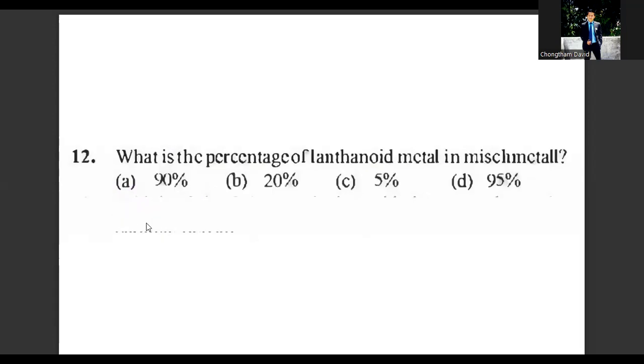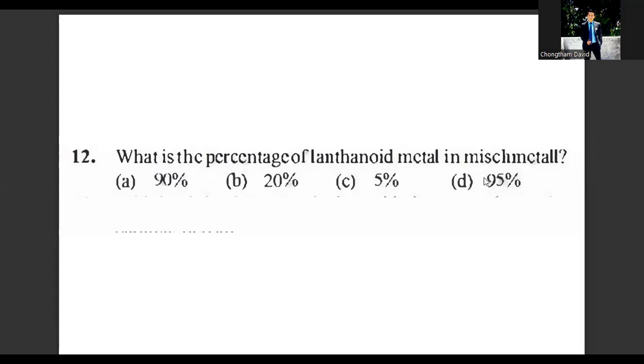Next, 12. What is the percentage of lanthanoid metal in mixed metal? The mixed metal consists of a lanthanoid metal. It comprises 95% of the lanthanoid element and iron 5% and traces of sulfur, carbon, calcium and aluminium.